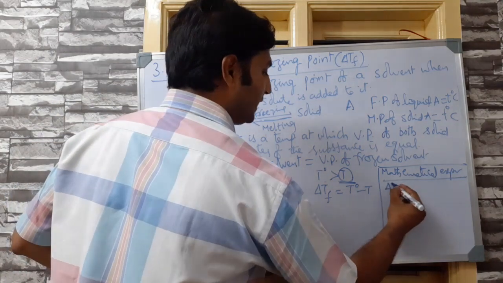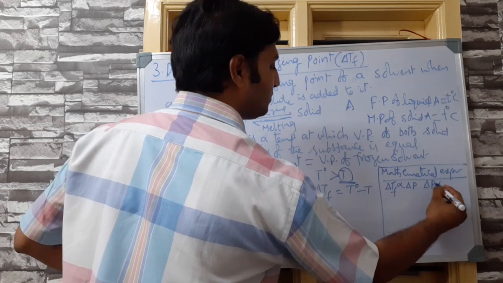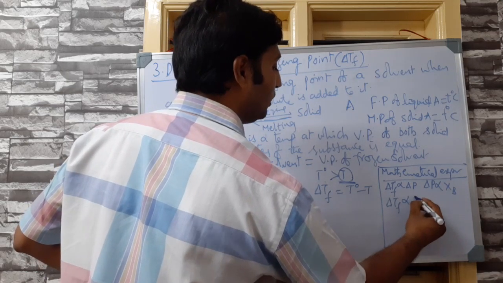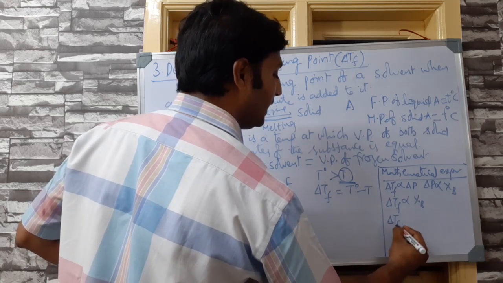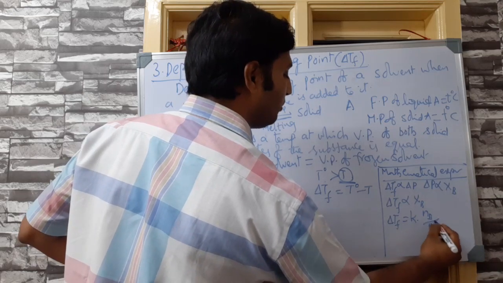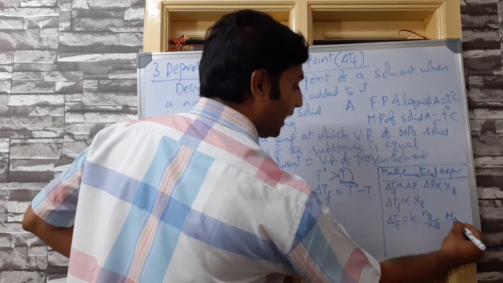So delta Tf is proportional to delta P, and we know that delta P is proportional to XB, therefore delta Tf is proportional to XB. If I continue like that, I end up getting delta Tf is equal to K into NB by WA, K into NB by WA into MA.